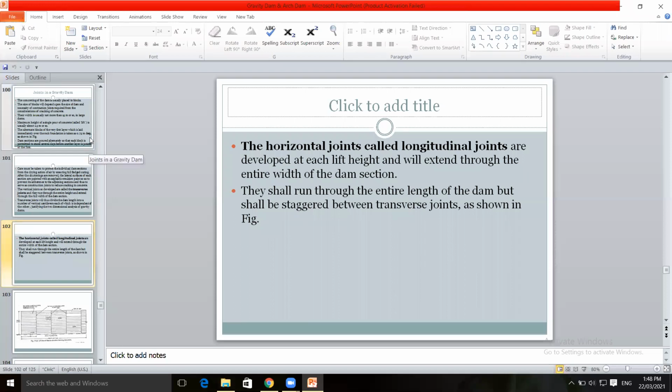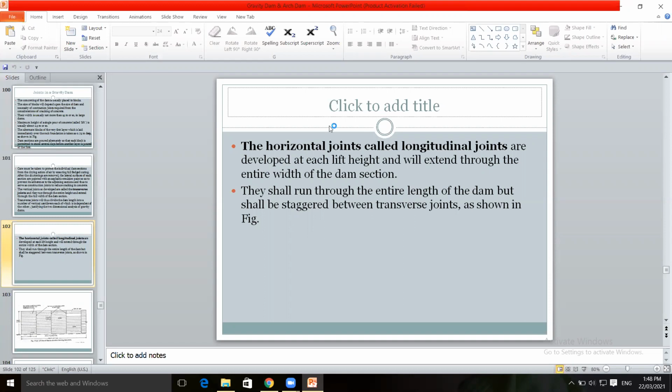So these horizontal joints extend through the entire width of the dam section, and for the whole length of the dam these joints are provided.